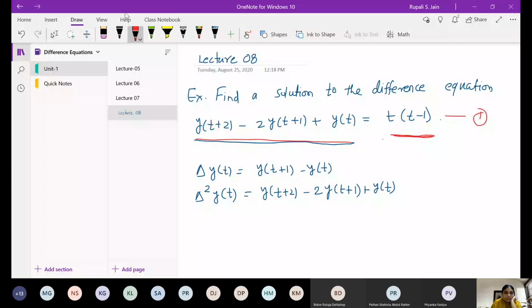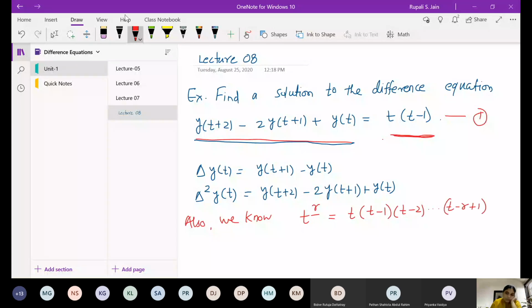It is t into t minus 1, t minus 2, and so on up to t minus r plus 1.